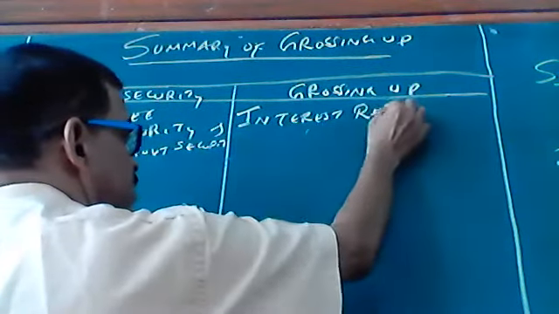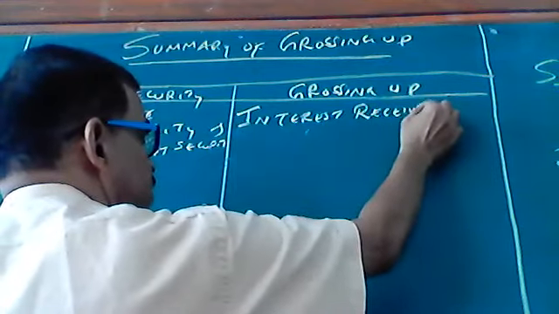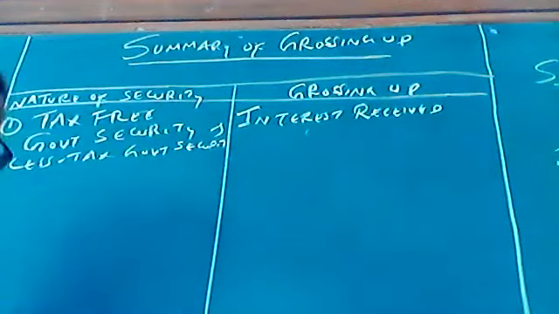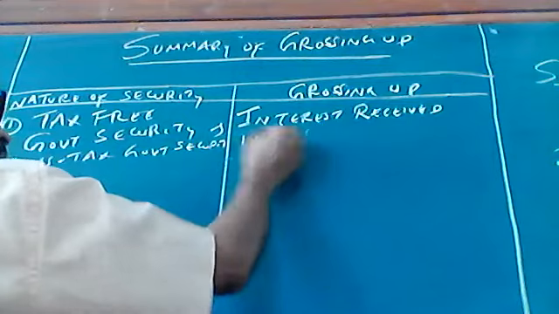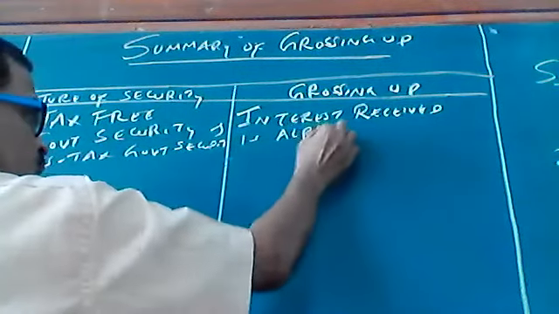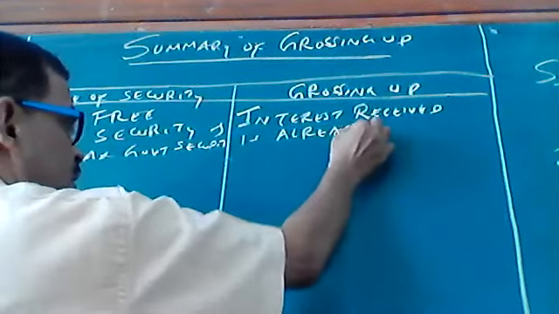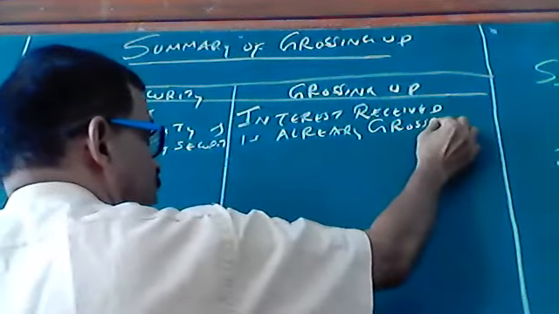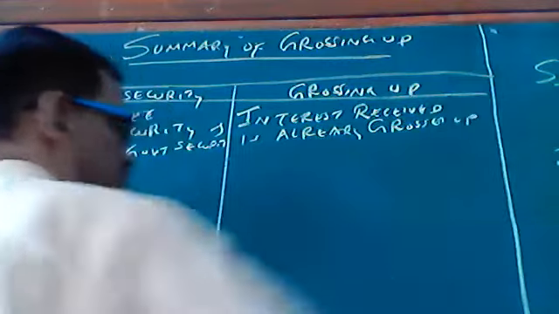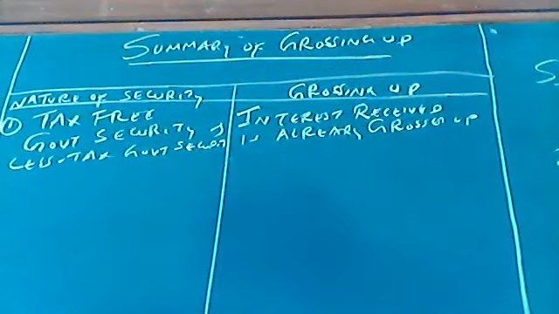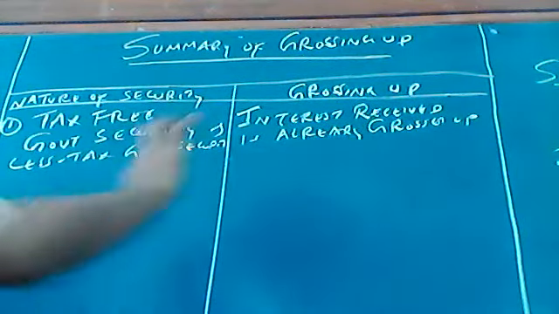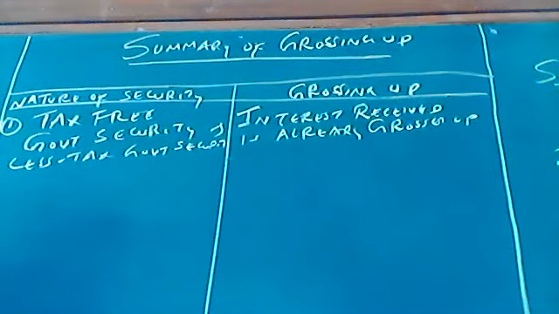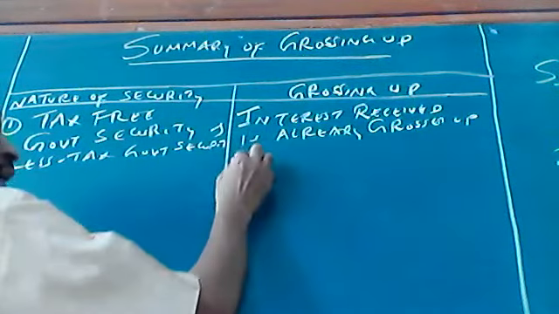whatever interest you are receiving is already grossed up. No need of grossing up. In this case, you only have to calculate net interest.